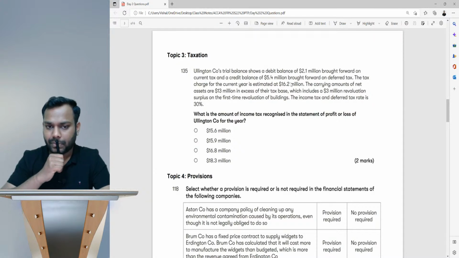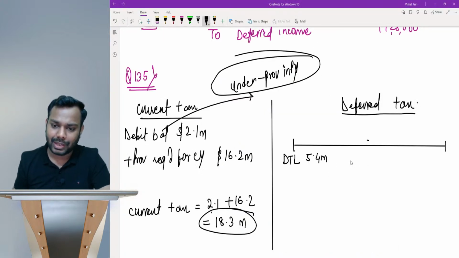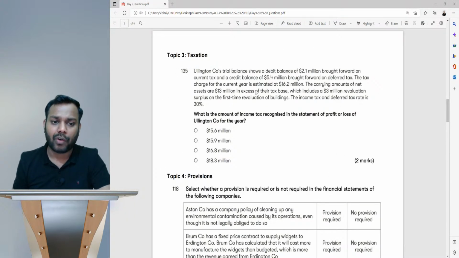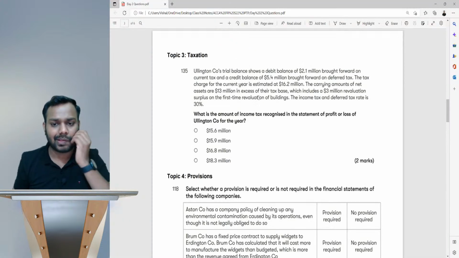Now 5.4 million brought forward on deferred tax is the deferred tax liability opening balance. Now, what does the question say? The question says during the year, carrying amount of net assets exceeded the tax base by 13 million.